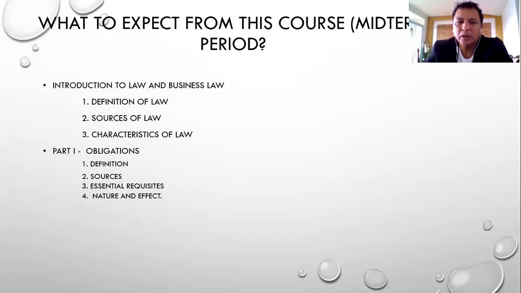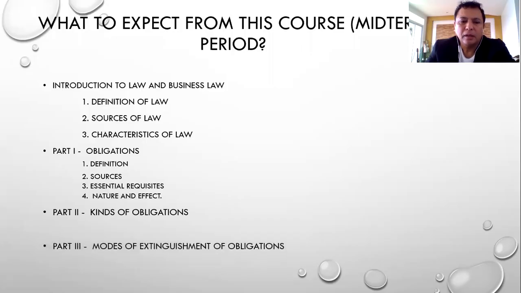In number 4, nature and effect, we are going to discuss fortuitous event, like what has happened lately with COVID-19. And part 2 would be the different kinds of obligations. And the last part would be part 3, the modes of extinguishment of obligations.